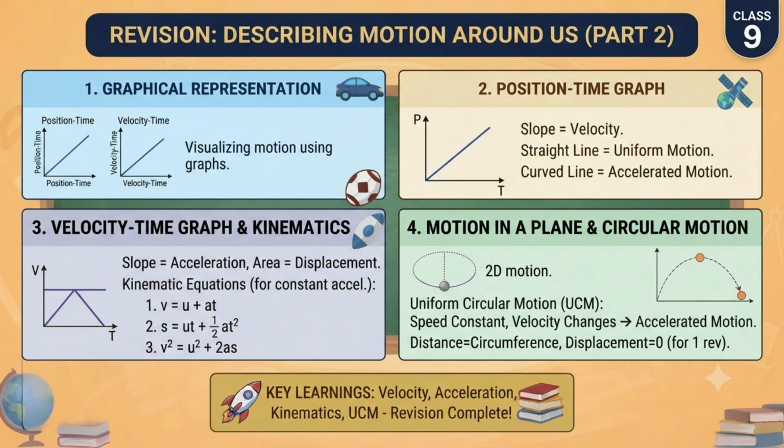Finally, we explored motion in a plane and uniform circular motion, where we understood circular motion, distance and displacement in one revolution, and why an object moving with constant speed in a circle is still considered to be accelerating because its direction keeps changing. And with that, we've successfully completed part 2 of chapter 4, describing motion around us. Keep revising these concepts regularly, and you'll be able to solve both theory questions and numericals with confidence.